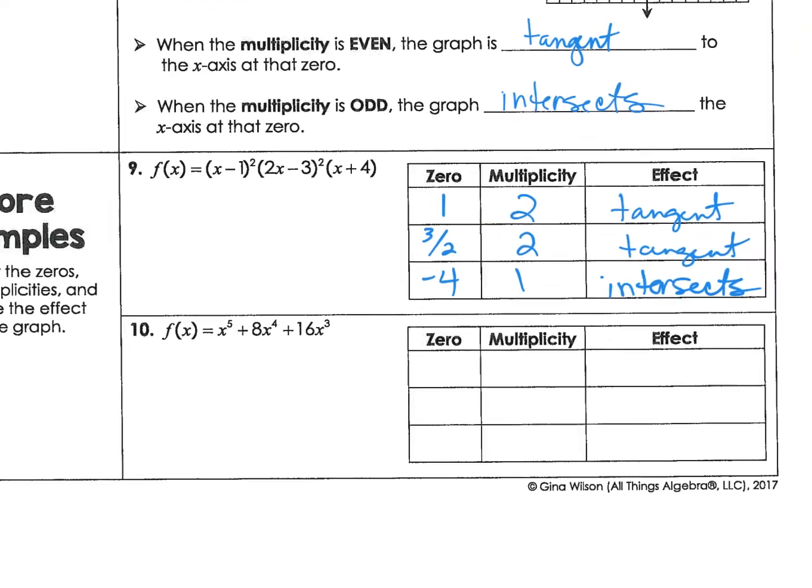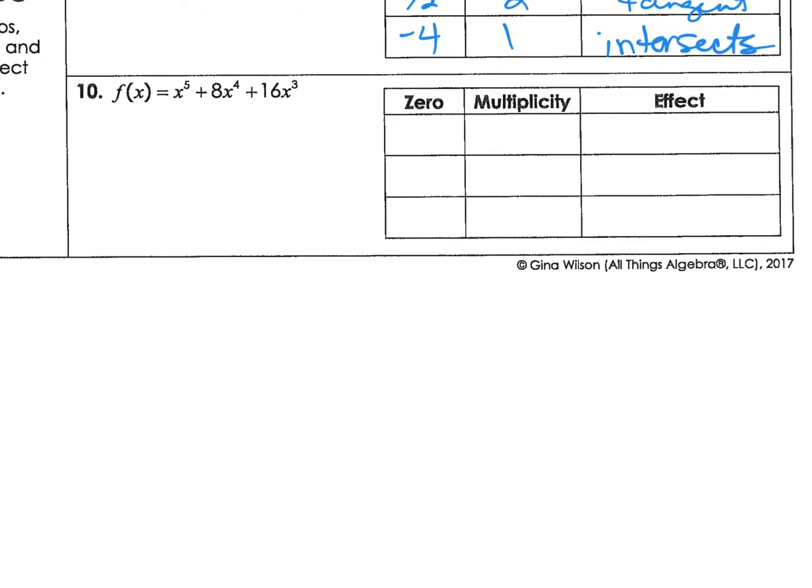What's the first thing we need to pull out of this guy? X what? Cubed. It all has an x cubed in it, doesn't it? So if you pull this out and there's x cubed in the front, what do we get? All right.